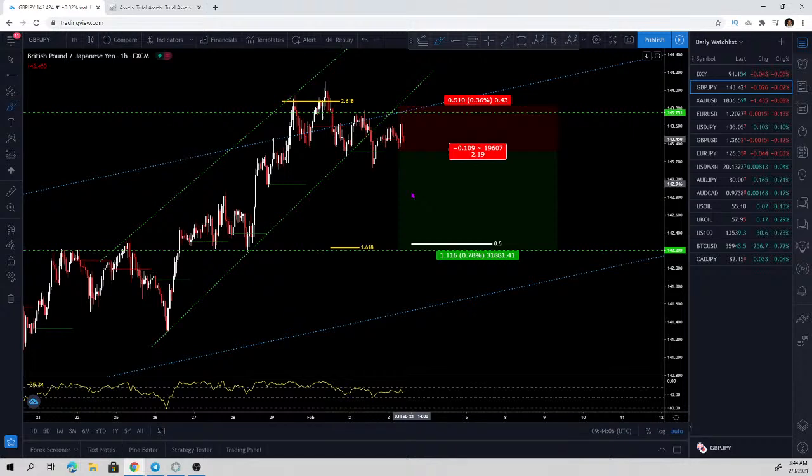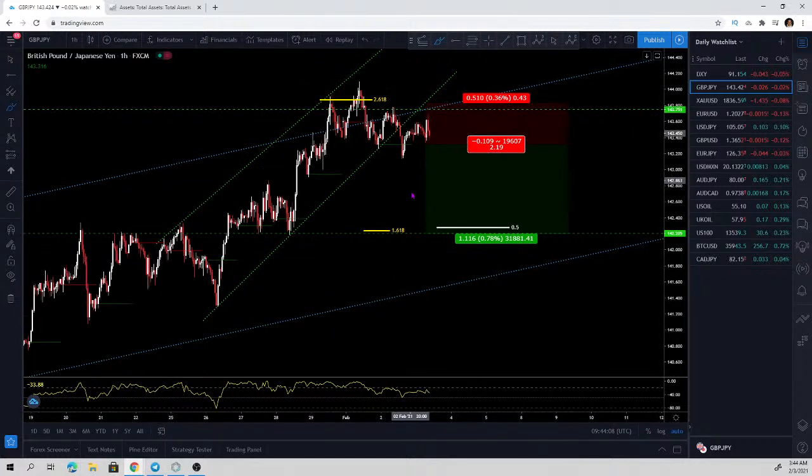But because of how strong this level is, and because of the short-term bullish targets that we have hit, this is not just a pullback, but a possible short-term reversal that I'm looking at.